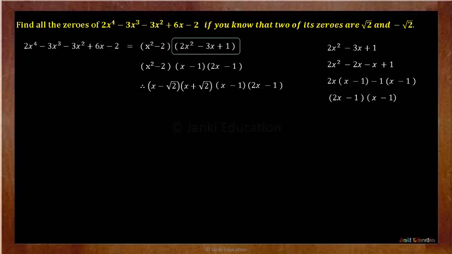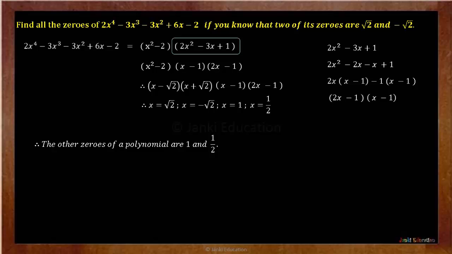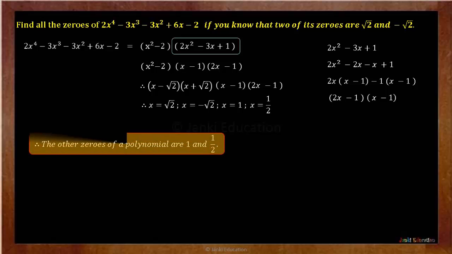So on the basis of this, we can say x is equal to positive root 2, x is equal to negative root 2, x is equal to 1, and x is equal to 1/2. Whereas these two zeros were already given to us, and these two, x is equal to 1 and 1/2, we have found after doing this much calculation. So the other zeros of the polynomial are 1 and 1/2. This is our answer.